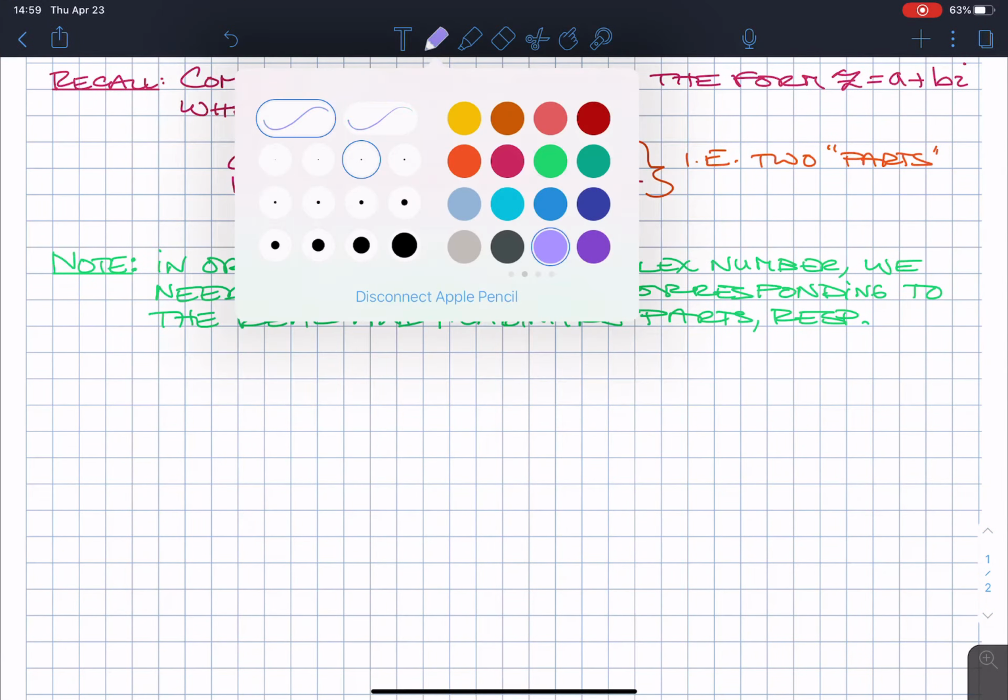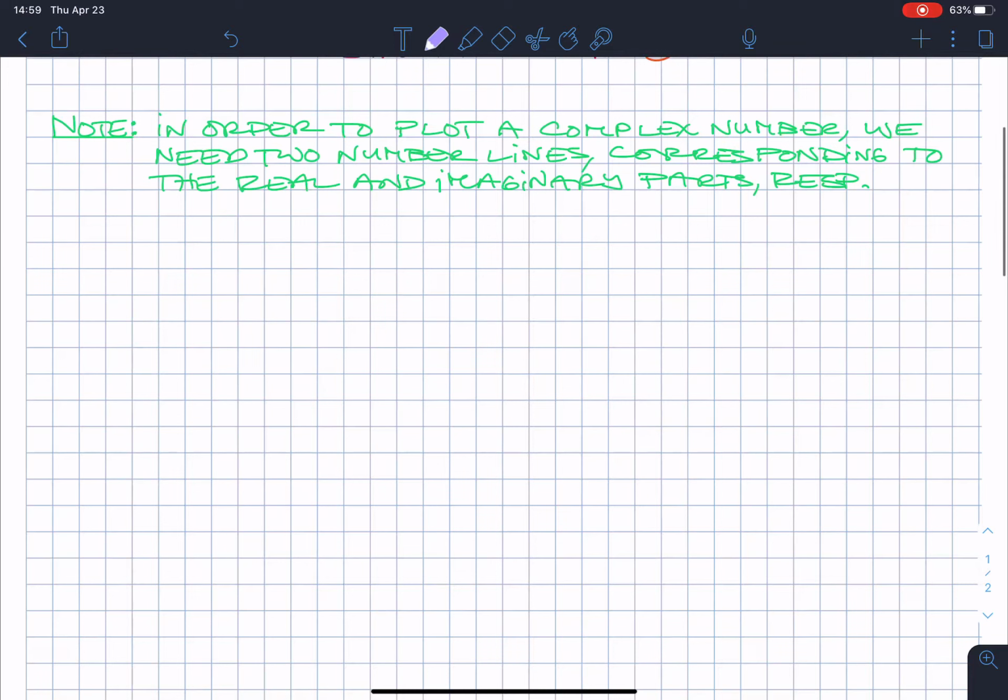Okay, so how do we graph complex numbers?